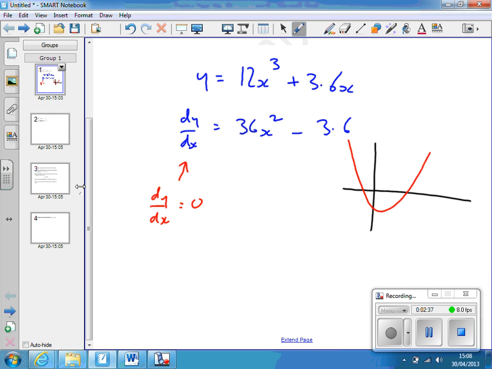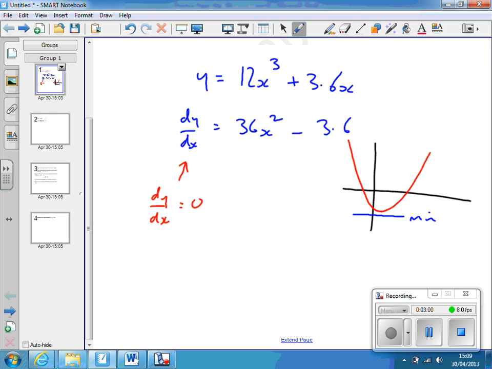What does dy by dx tell us about the function? The gradient. Right. So I'm after, where on this curve is the gradient 0? At the bottom. The gradient is 0 at that point. So in other words, by allowing the differential to be 0 allows us to find maximum, or in this case, minimum values, okay?